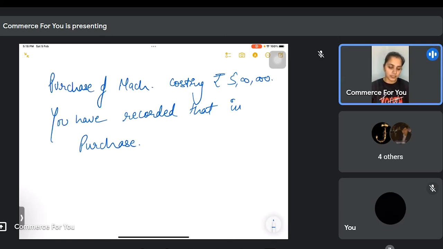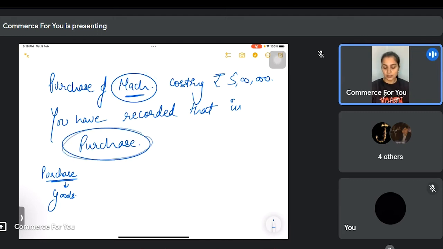Purchase is my expense, and purchase is only related to goods, not machines or assets. However, you are purchasing machinery, which means your asset this time. You have wrongly debited purchase.